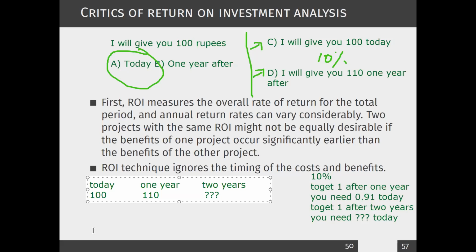Yes, multiply by 10%. You have to multiply 110 by 110 divided by 100, so 1.1. So this will be 121.